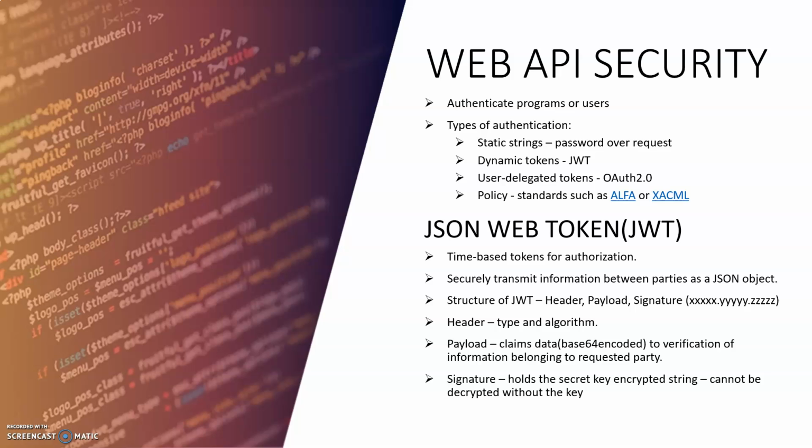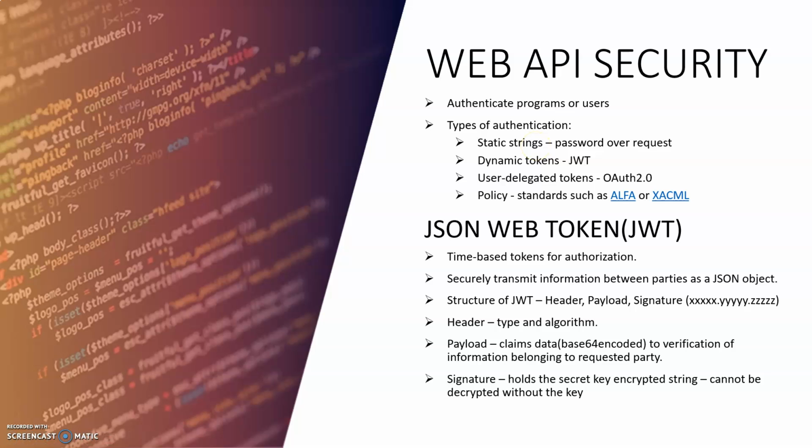API security basically ensures authenticating and authorizing programs and users invoking an API. The various methods of authentication and authorization would include static strings, which are basically sending the username and password with the request.